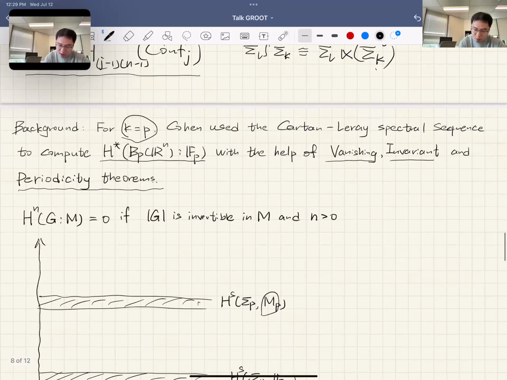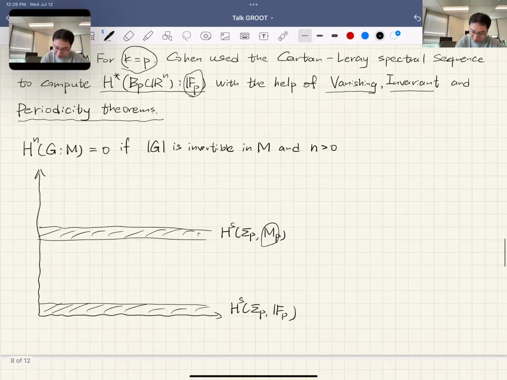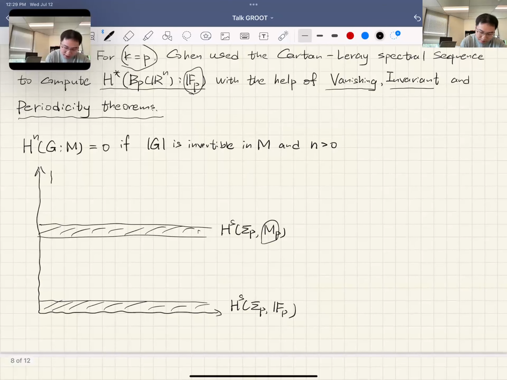And because we are working over a field, we don't tell the difference between homology or cohomology at this time. Okay, but I still have something I need to figure out, which is when S is 0. So I have T equals 0 and the P minus 1 and minus 1.